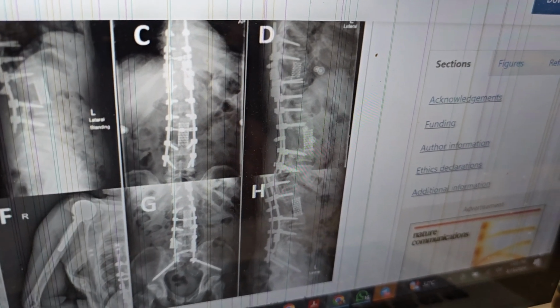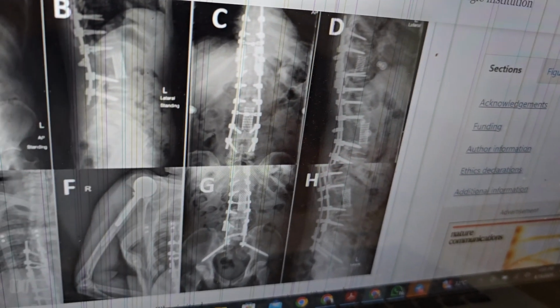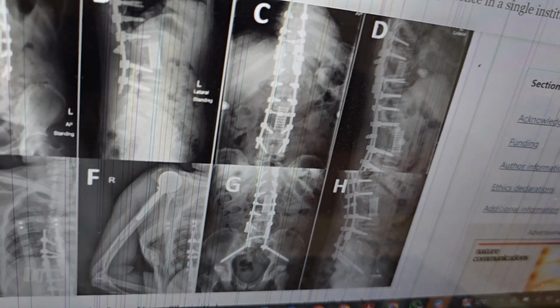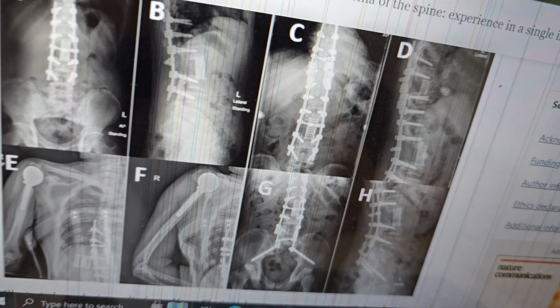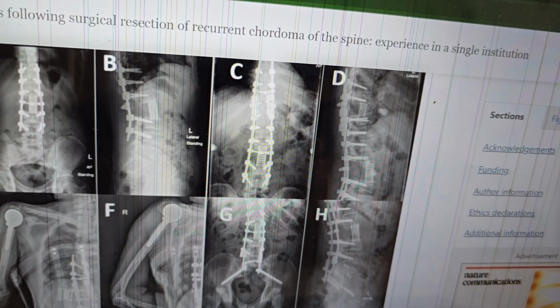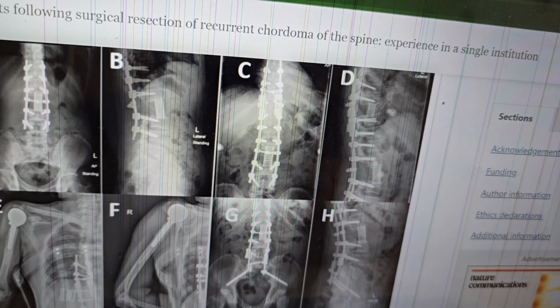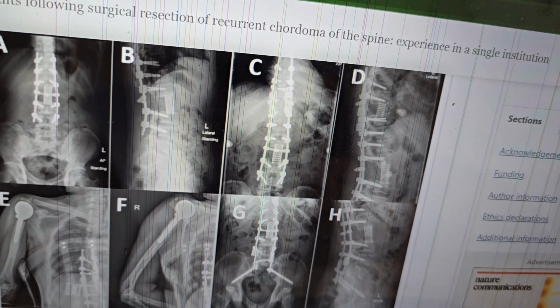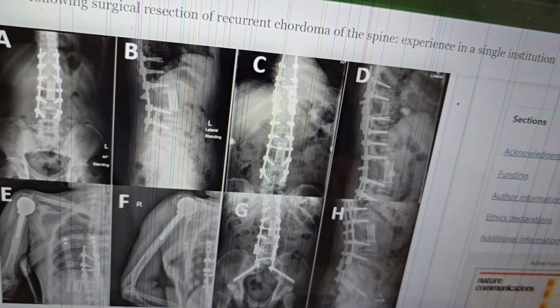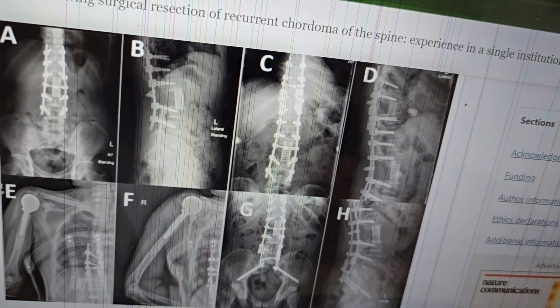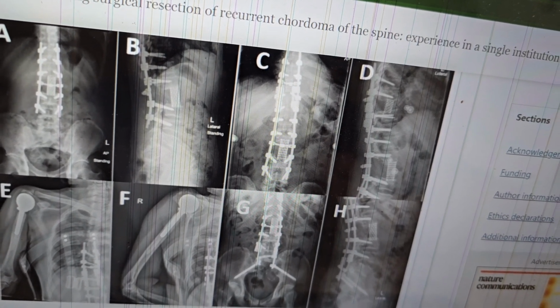The same, D is also suggestive of that, which is showing that there are maybe 10 screws, or maybe we can say 14 screws above and the 4 screws below to stabilize the spine.